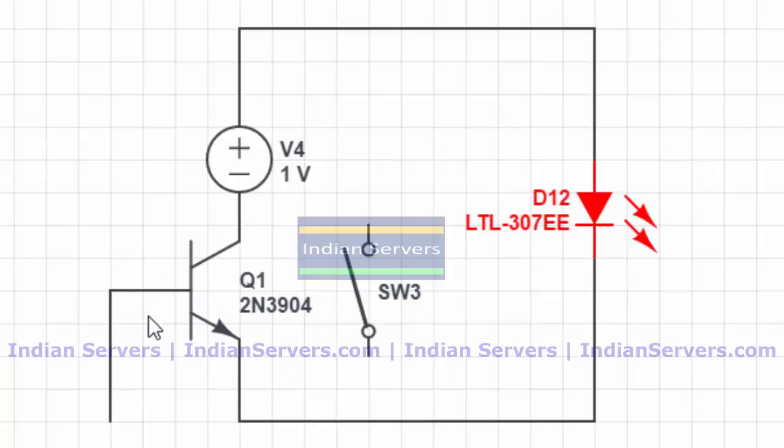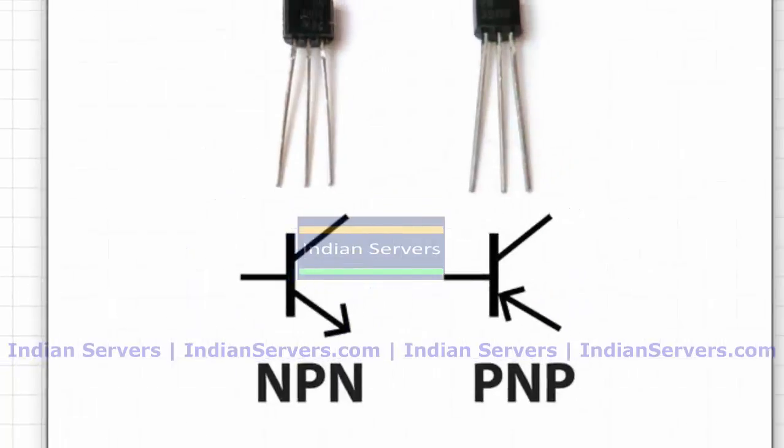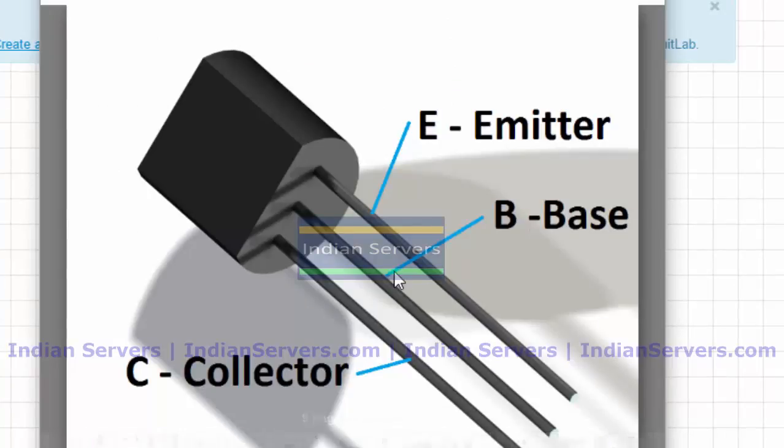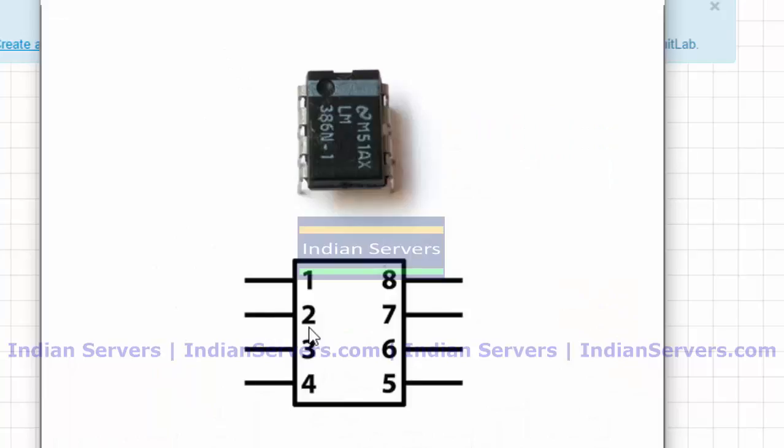Mainly transistors can be seen in sound amplifiers. So you can see this is the diagram of a transistor, where it has three terminals. One is emitter, base and collector.